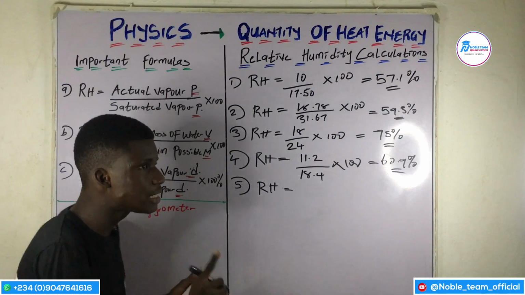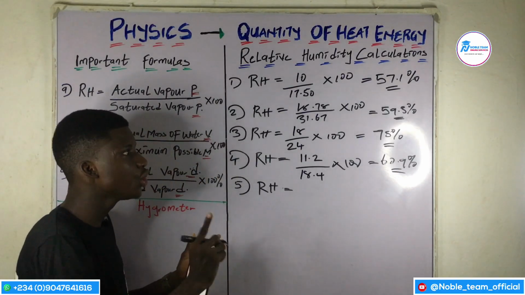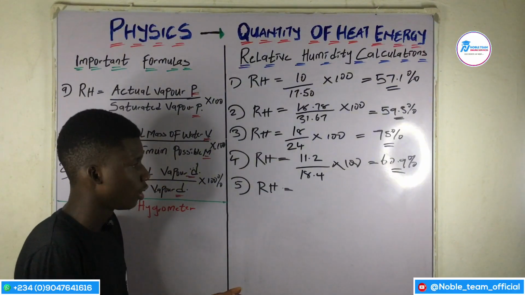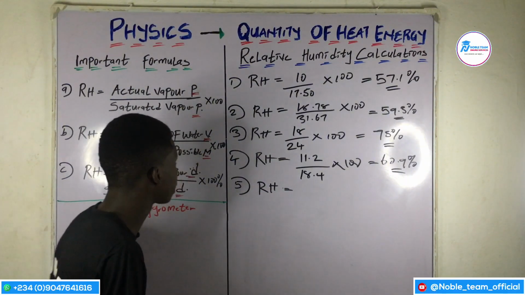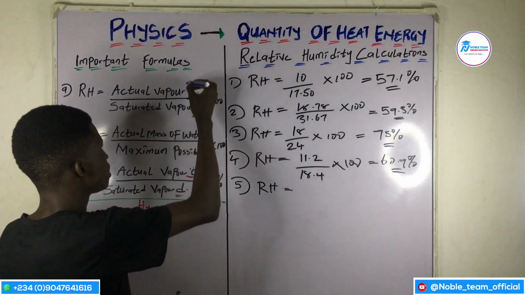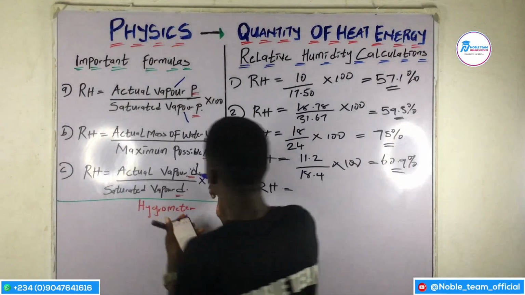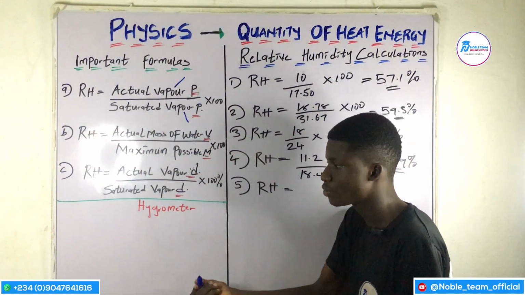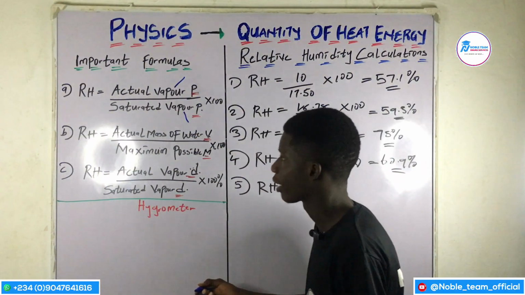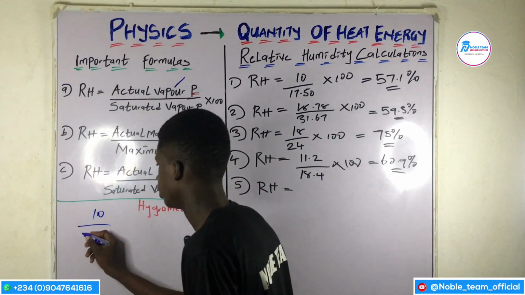In solving relative humidity, the numerator is always smaller than the denominator. This is the secret. This is the numerator, and this is the denominator. So the numerator is always smaller than the denominator. What am I trying to say? The numerator can be 10 and the denominator can be 20. This is it.